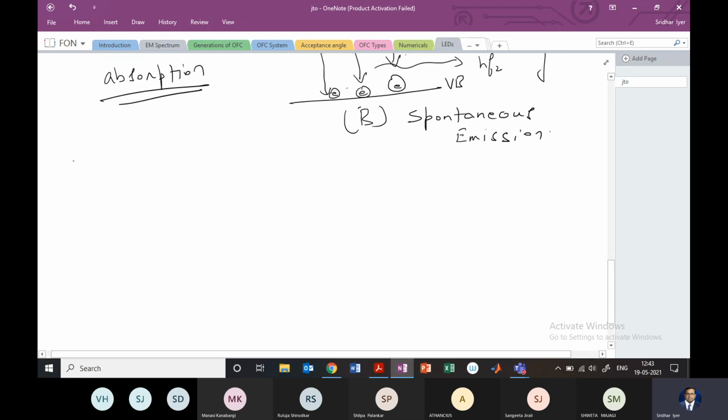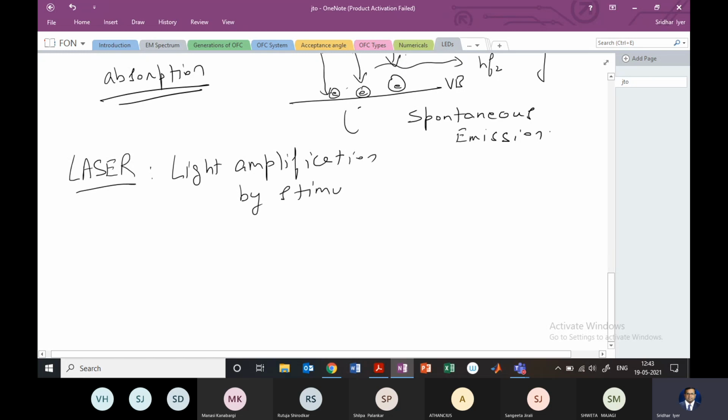So now we have another process through which the laser will operate. So the full form of laser is light amplification by stimulated emission of radiation.